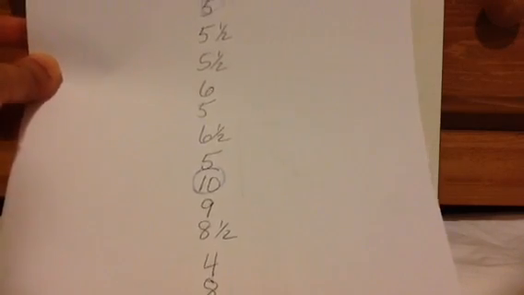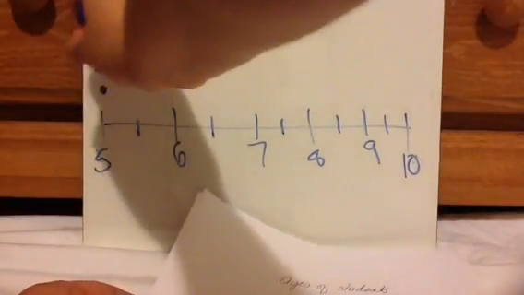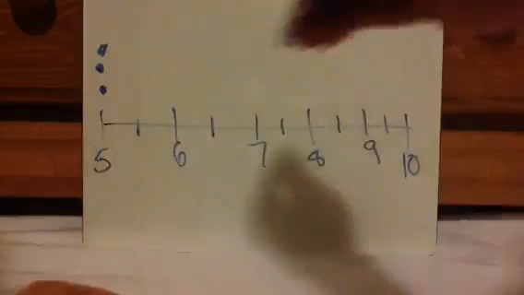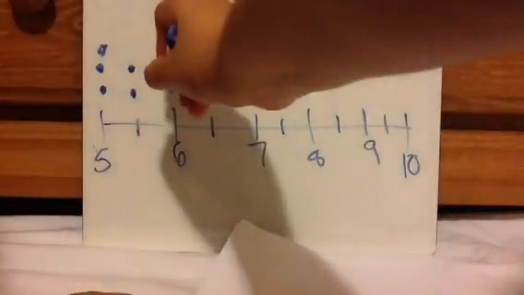So in that situation, then you would put dots here. So I have 1, 2, 3 that are 5 years old. I'm going to cross those out so I know I already included them. I have 2 that are 5.5, so that would go right there. I have 1 that's 6.